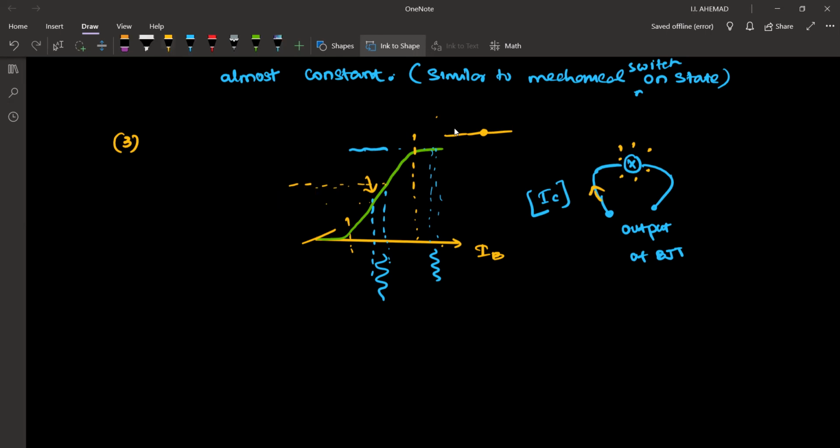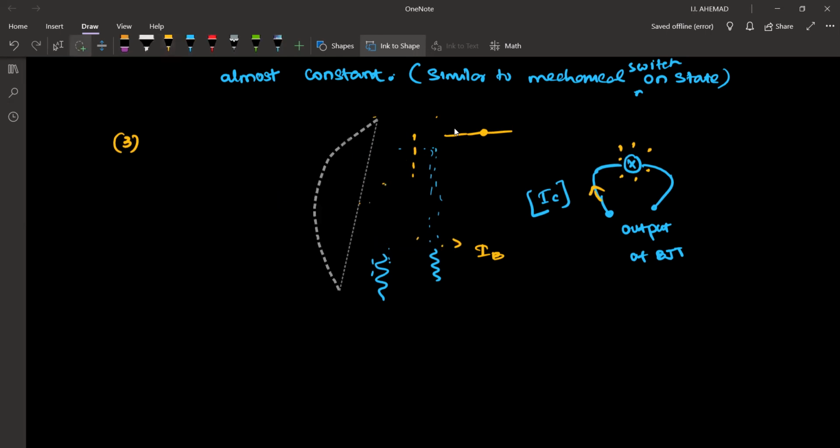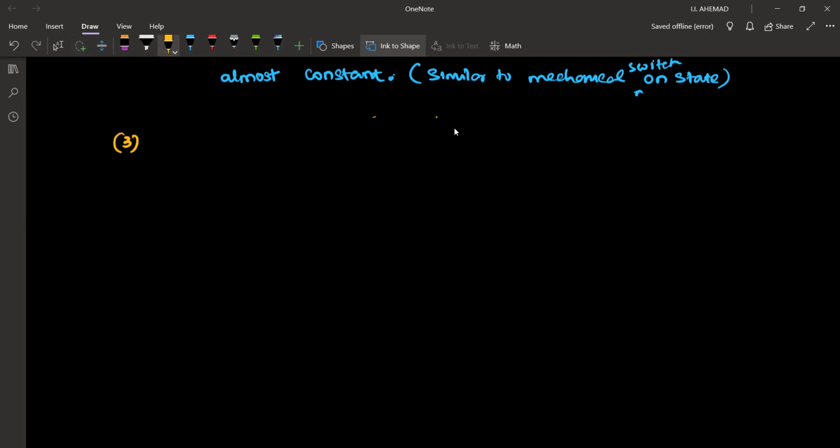Okay, that is what we mentioned in the previous note. So the third characteristic is the output characteristic. Output characteristic is drawn between IC and VCE.